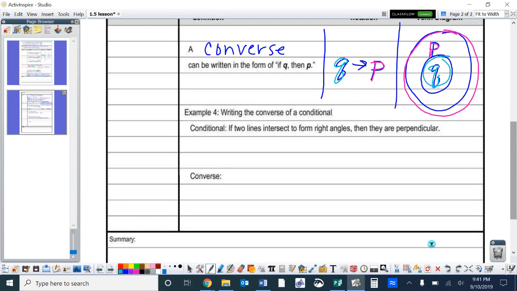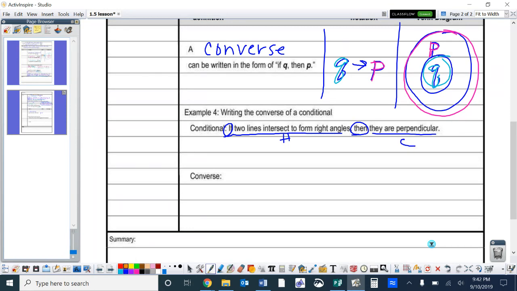What happens? So example number 4, writing the converse of a conditional. We're given a conditional. I spy the words if and then. Remember, that's not part of the hypothesis or the conclusion. Our conditional statement is if two lines intersect to form right angles, then they are perpendicular.